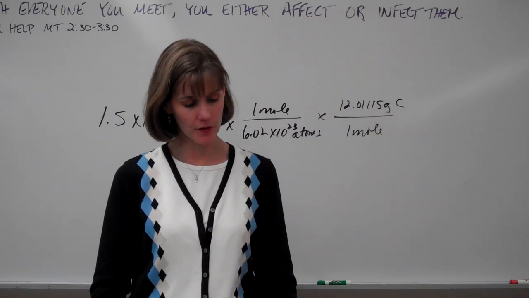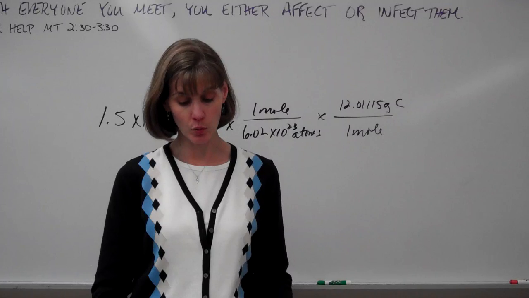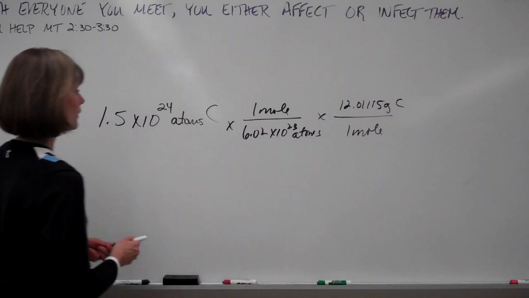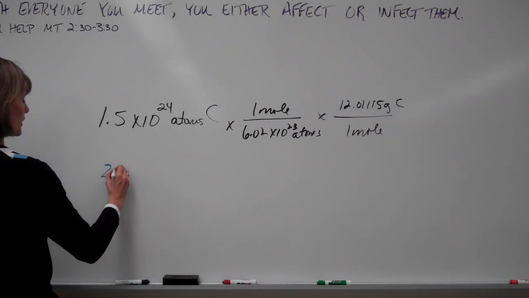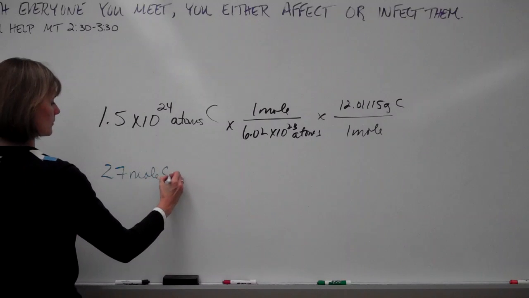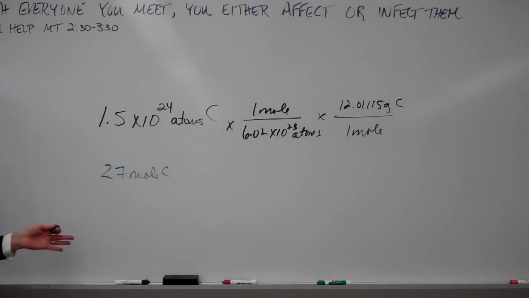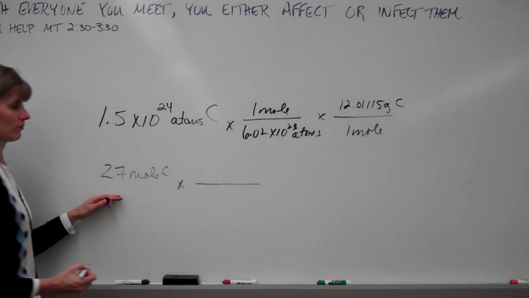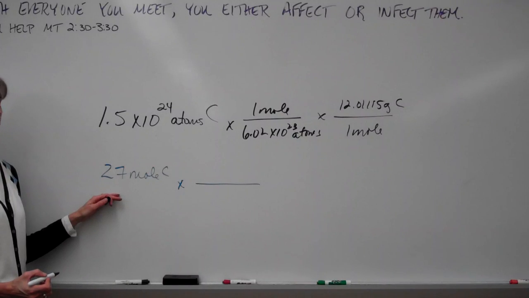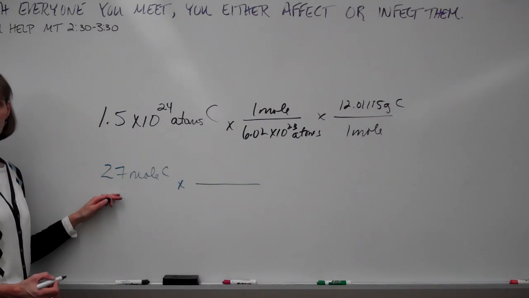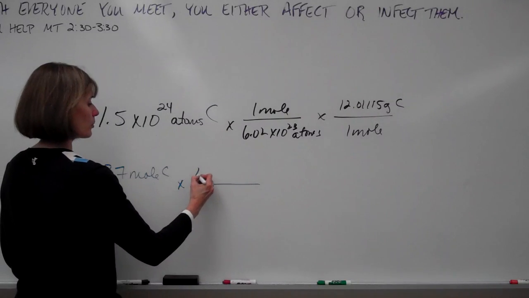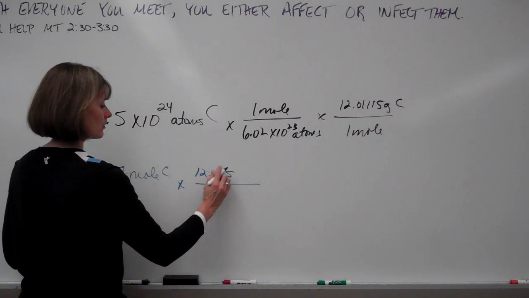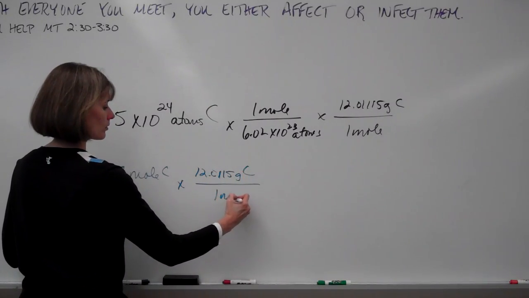Let's see. 36. How to calculate mass when given the number of moles. Well, that's a shorter problem. If I tell you you have 27 moles of carbon, how do you find the mass of that? What's our conversion? Times 12.01115, and we're getting that from the periodic table, grams of carbon is 1 mole, right?